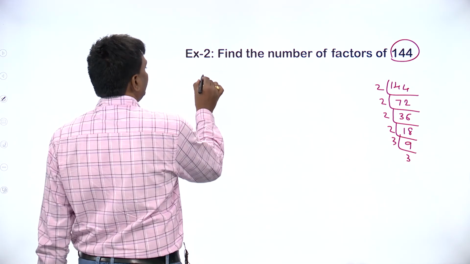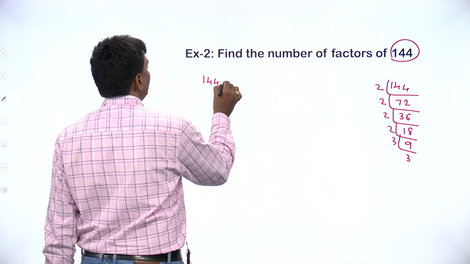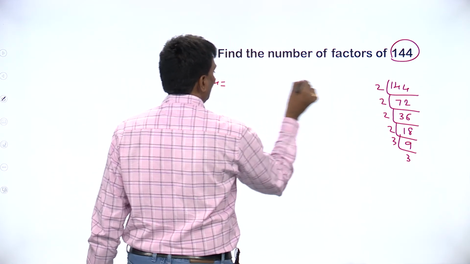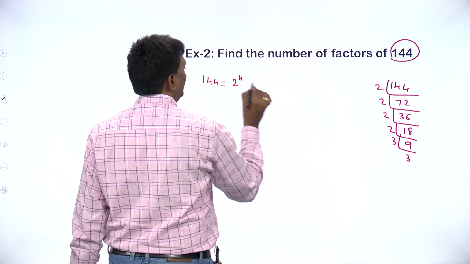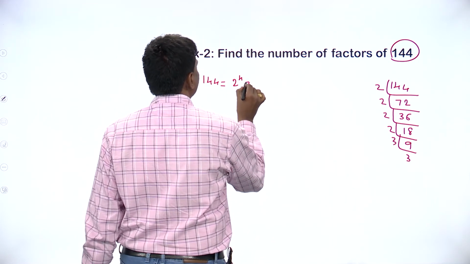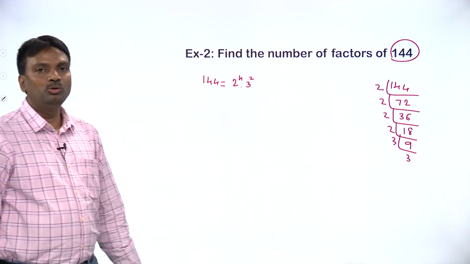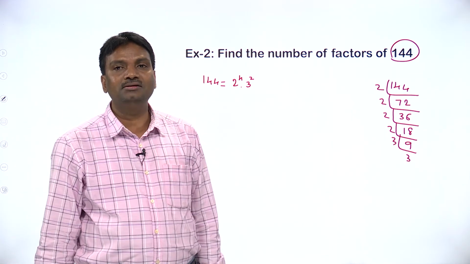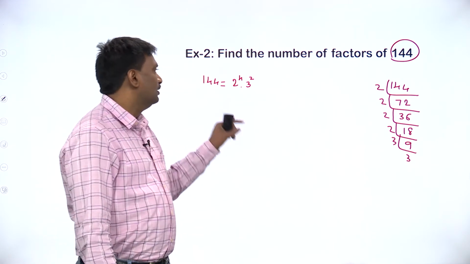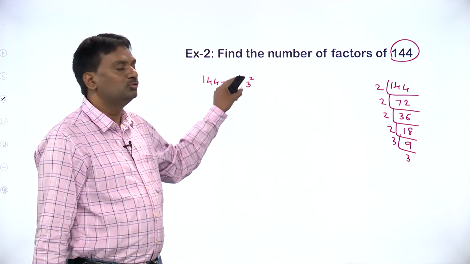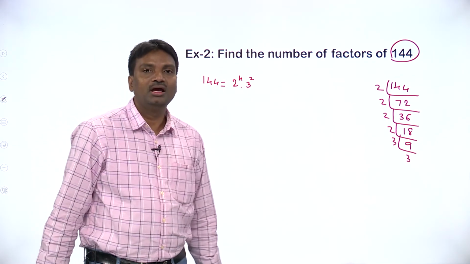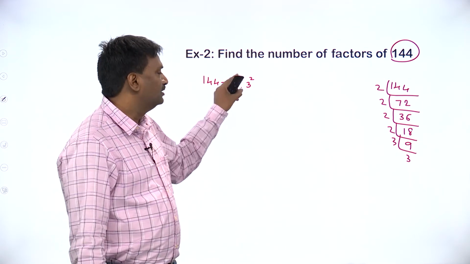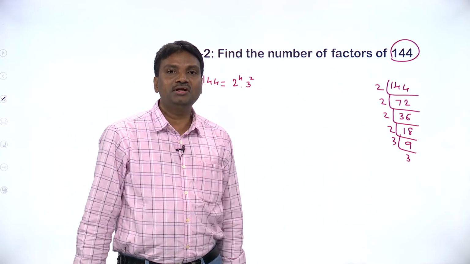Now 144 can be written as 2 power 4 into 3 into 3, that is 3 square. 2 power 4 is 16, 3 square is 9, 16 into 9 is 144. So 144 can be written as 2 power 4 into 3 square.